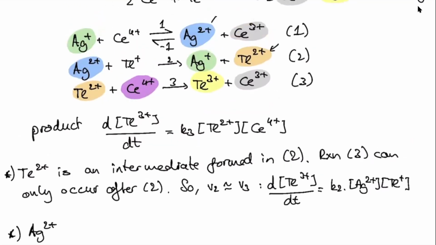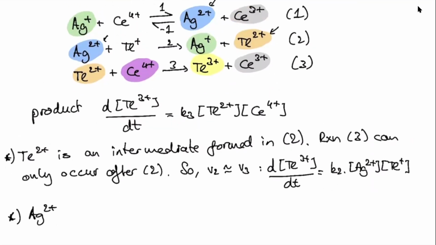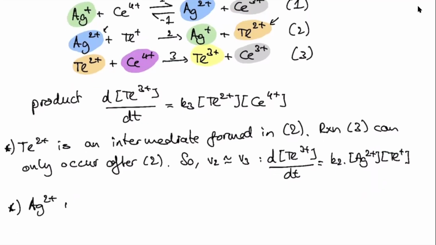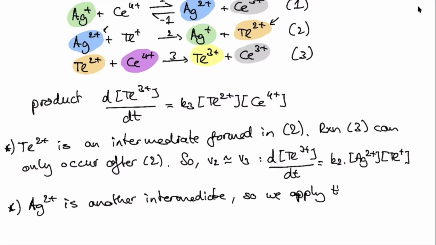So it's the blue one here. Is another intermediate. So we can apply the steady state approximation.